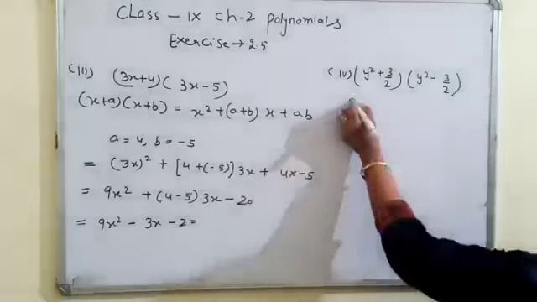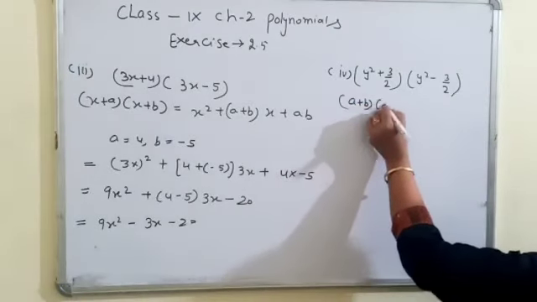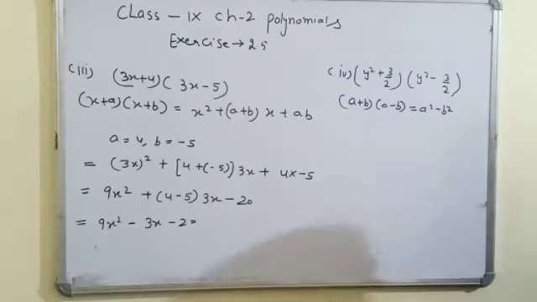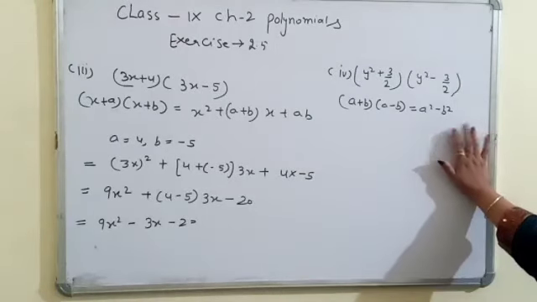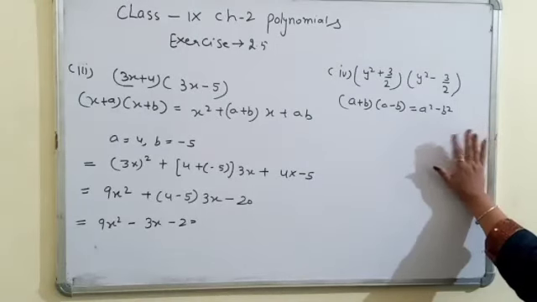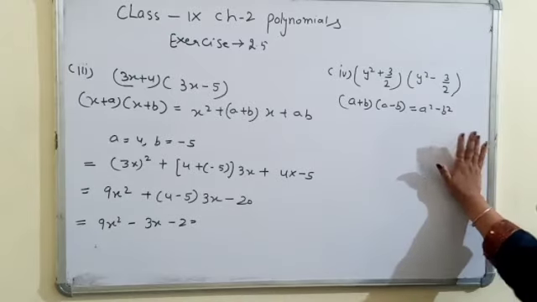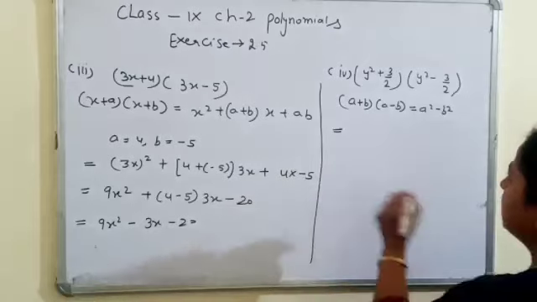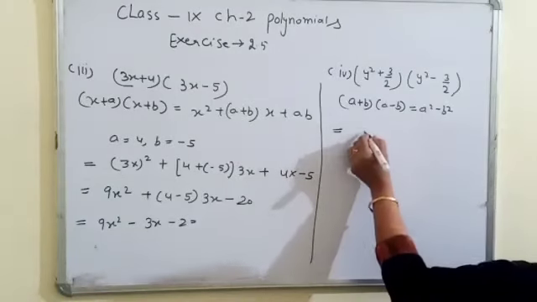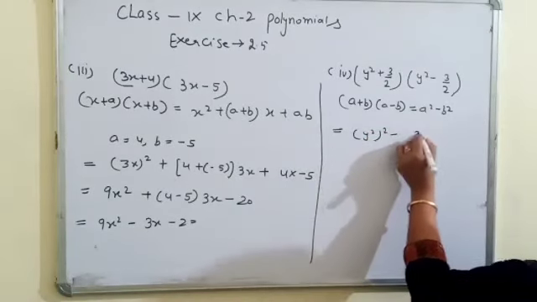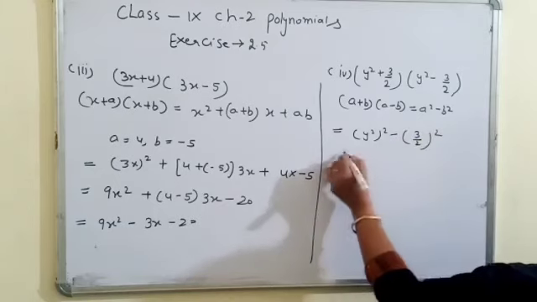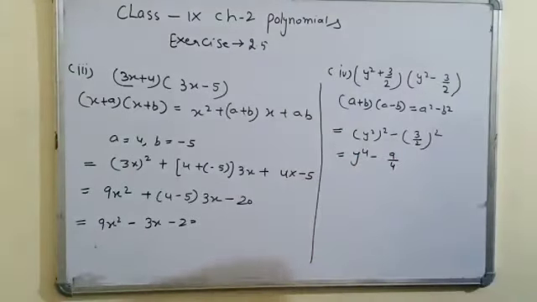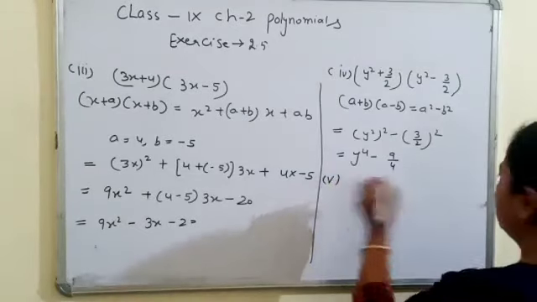So we can apply (a plus b)(a minus b) is equal to a square minus b square. You are already familiar with this identity. You have done a lot of questions in class 8 using this identity. So hopefully you can easily identify it. A square minus b square, so the result is y to the power 4 minus 9 by 4. This was the result for part 4.